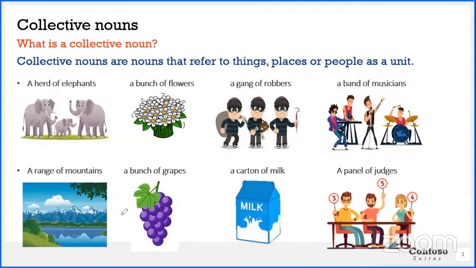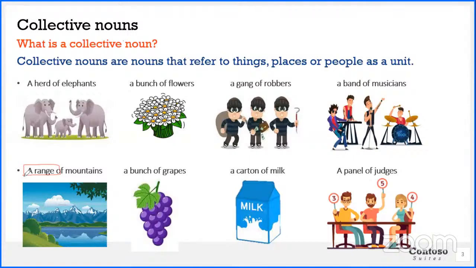You can see mountains in a range. There are some mountains, so we can call this one a range of mountains.